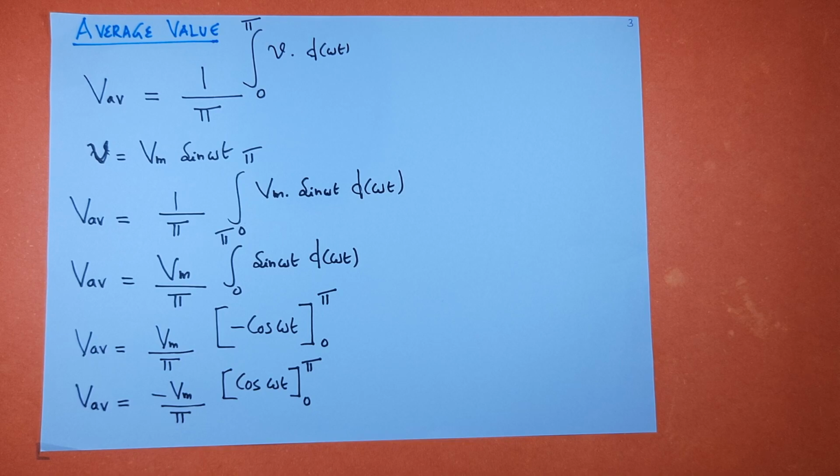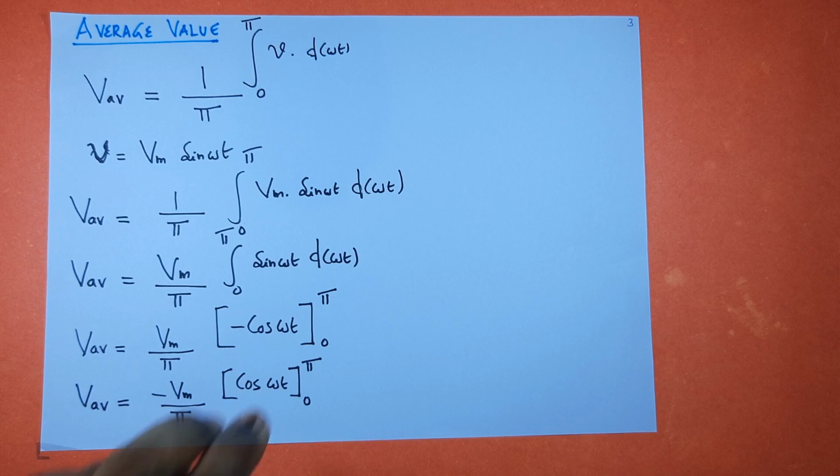See this sinusoidal waveform, positive half cycle and negative half cycle. These two are symmetrical. So if you take the average value for this, it will become 0. So you cannot find the average value for the entire waveform.